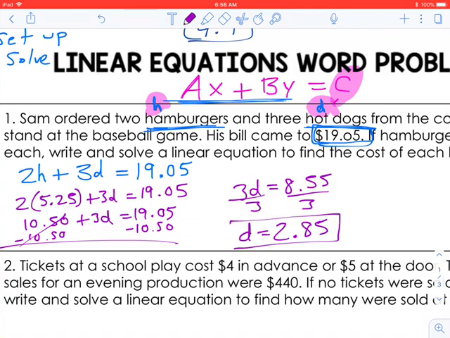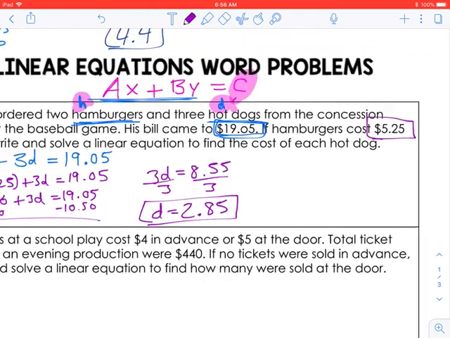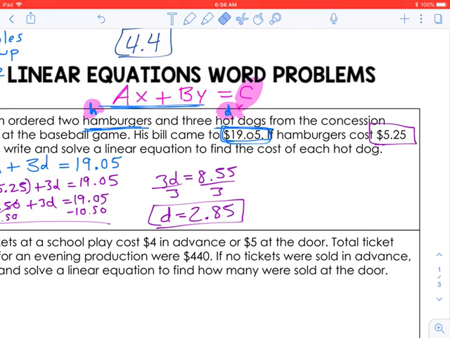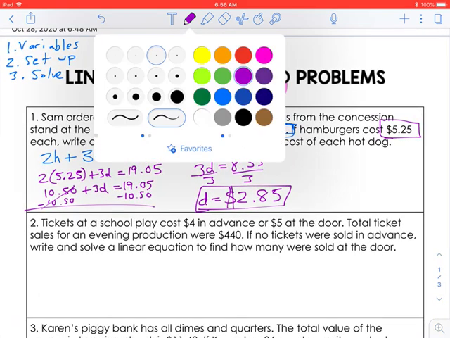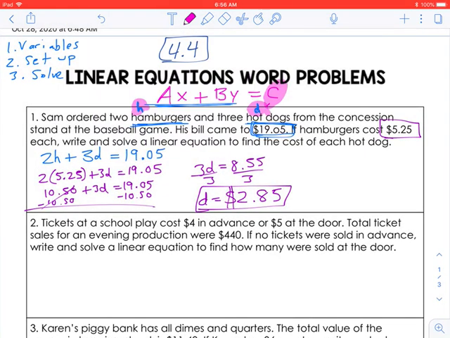There's my answer, $2.85. We need to make sure we're labeling our final answer. Preferably, I would like you to have the final answer in a sentence, but labeling would be a good start. If I want a full sentence on the test, I will definitely let you know.